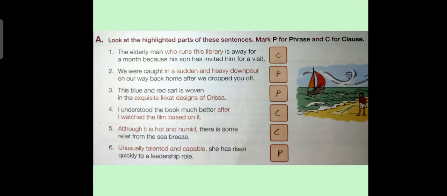Although it is hot and humid, there is some relief from the sea breeze. Although it is hot and humid, this is a clause, so we are writing C in front of sentence number 5. Sentence number 6. Unusually talented and capable, she has risen quickly to a leadership role. Unusually talented and capable, this is a phrase, so we are writing P in front of sentence number 6.